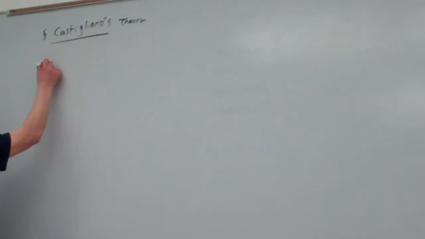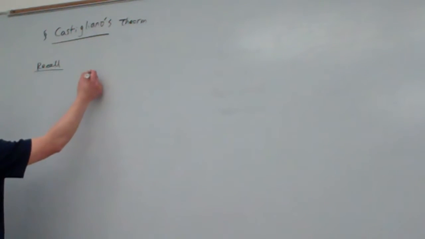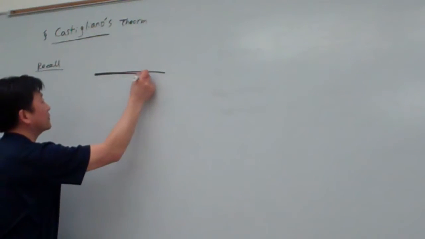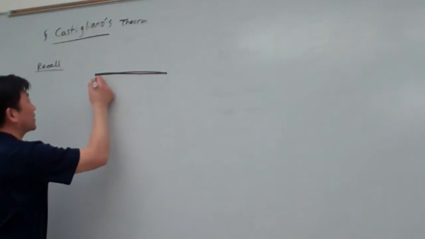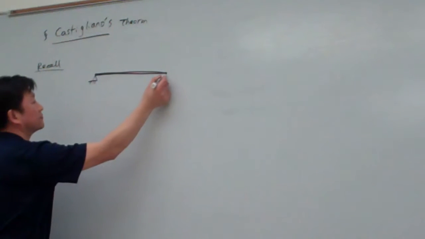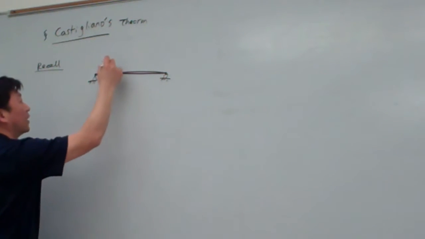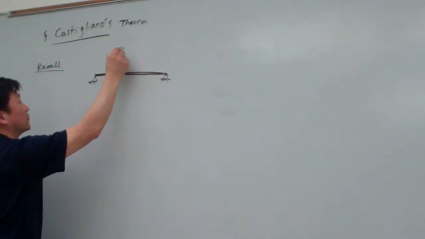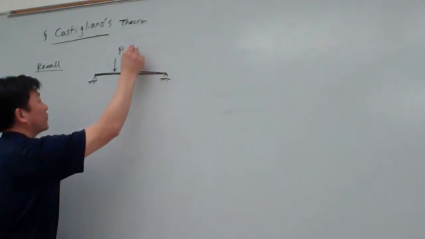So this one, earlier, let me recall what we have done. Say we consider a system like this, and these are two loadings, and the two loadings don't have to be symmetric.